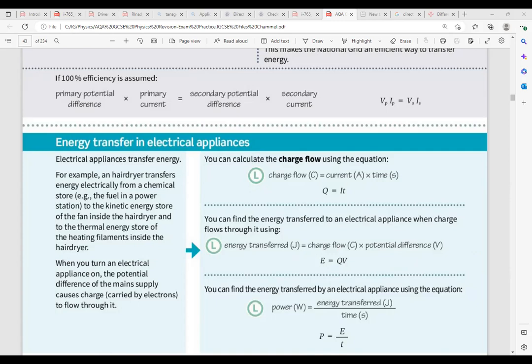We said energy equals QV and power equals IV, right? So how do we connect them together?